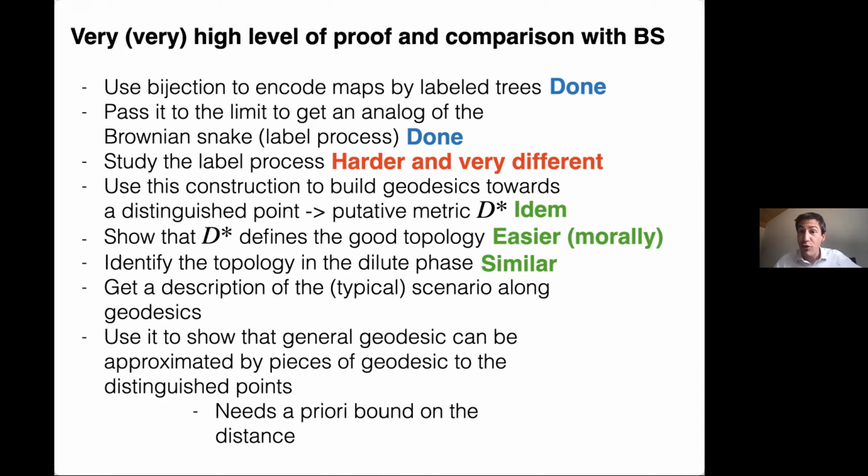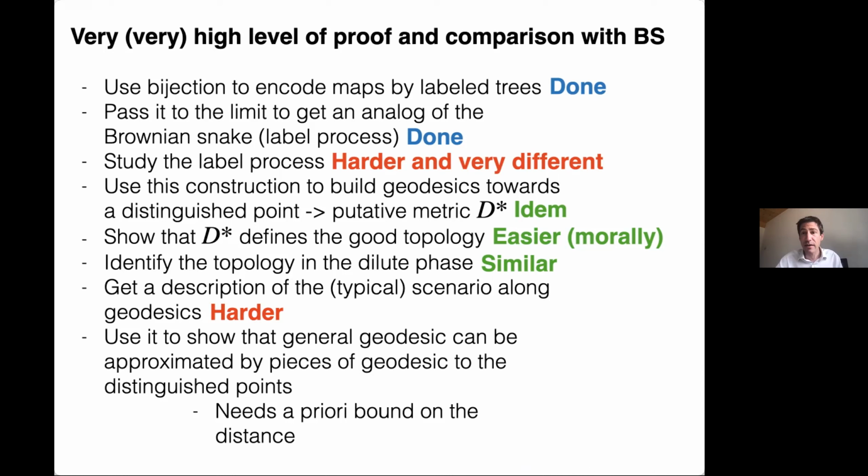And now we want to prove uniqueness of those objects. There, the idea is the same: to start from a typical geodesic and get a description of the typical scenario along geodesics. There were two different roads taken by Le Gall and by Miermont, and we actually take a third road, which is a bit in between.